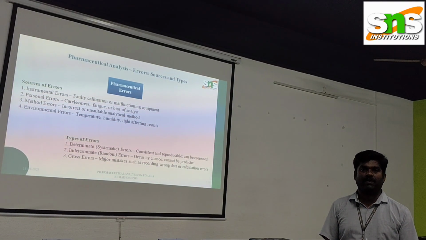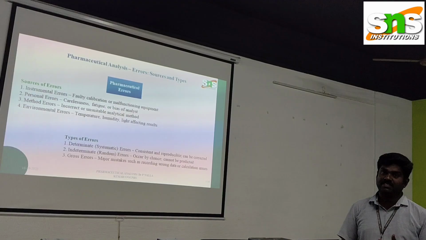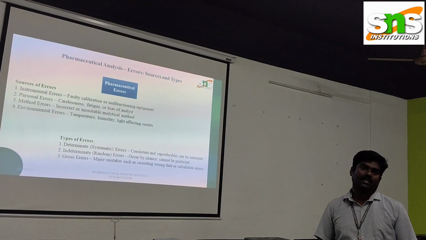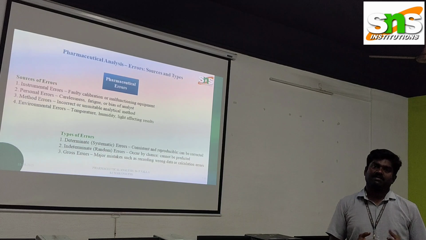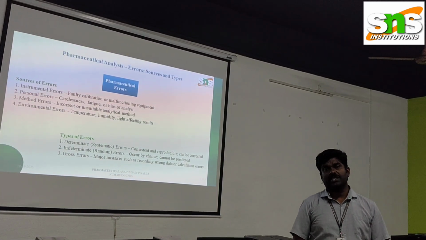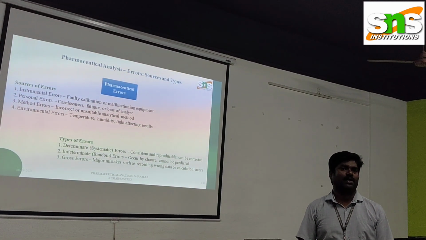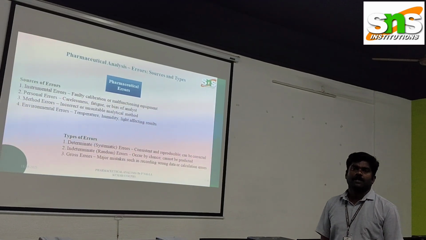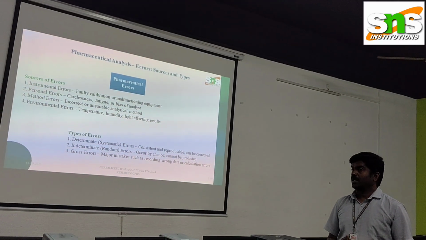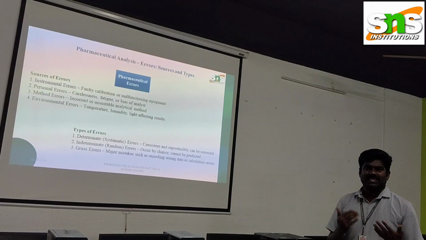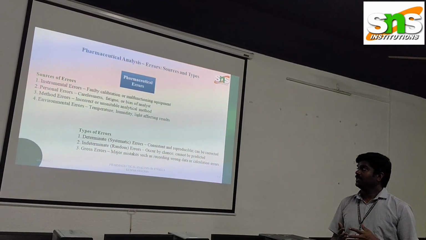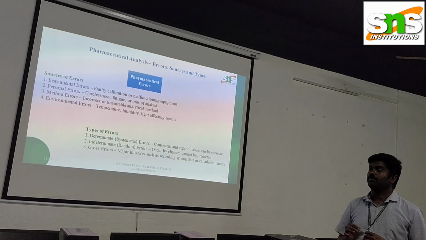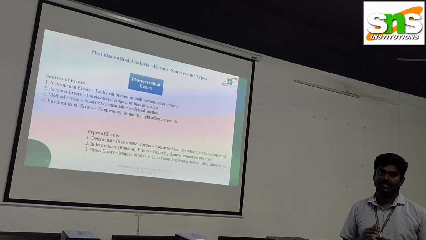The freezing point or storage temperature is very important. Even in a vaccine manufacturing unit, temperature plays a vital role. If you provide the wrong temperature or humidity, or too much or too little light, it will affect the data. These all come under environmental errors.